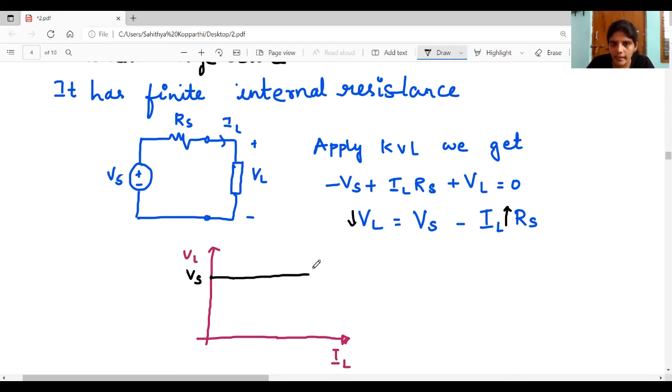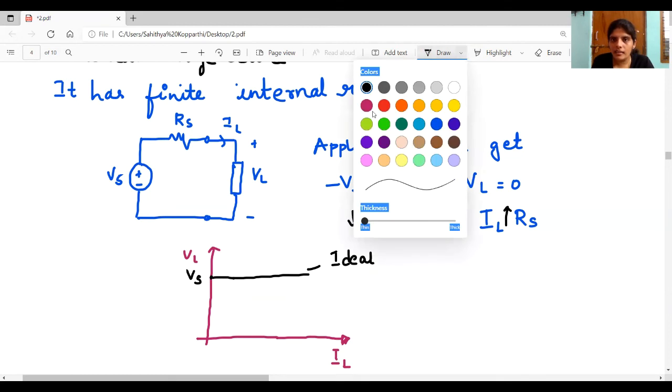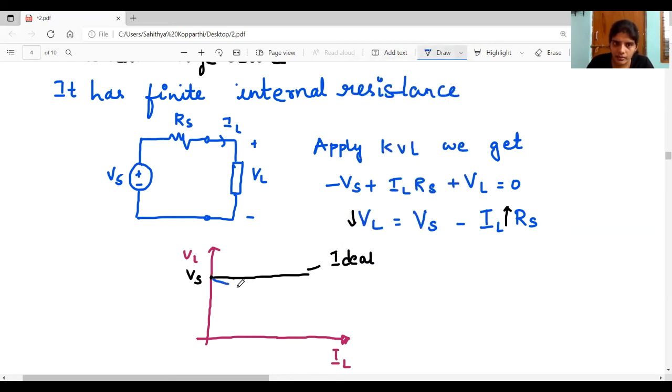This is the ideal case. In the practical case, the characteristic will deviate from its ideal characteristic. So with the increase in current, voltage will drop. This is the practical case. Okay. Thank you.